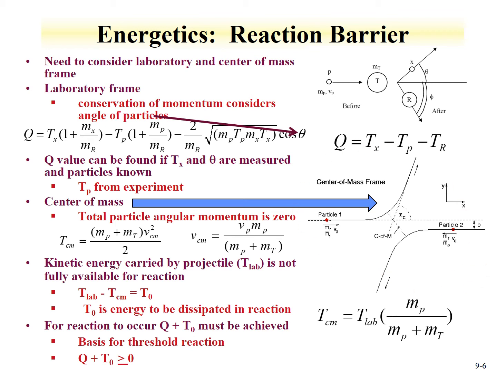We can talk about the kinetic energy from the center of mass and evaluate the two equations where we relate the kinetic energy of the center of mass and the kinetic energy of the lab, and it just winds up being equal to the kinetic energy of the center of mass is equal to the lab times a ratio of the mass of the particle and the sum of the mass of the particle and the mass of the target.